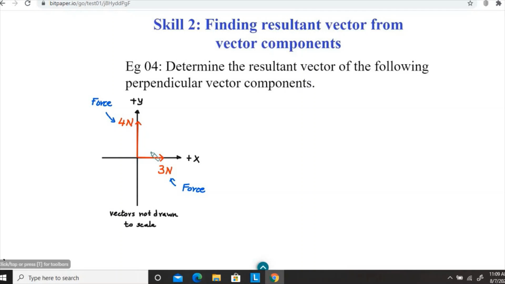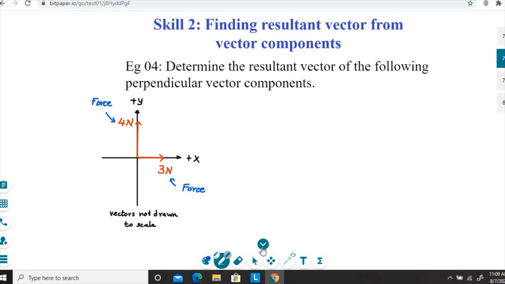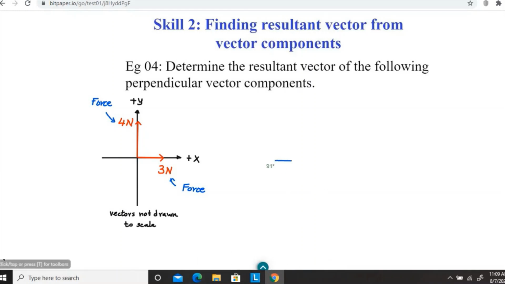So how do we find the resultant vector using the previous explanation? What I'm going to do is draw the two vectors head to tail. So we have the 3 Newton vector like that, and keep in mind that I'm not drawing these according to a certain scale.